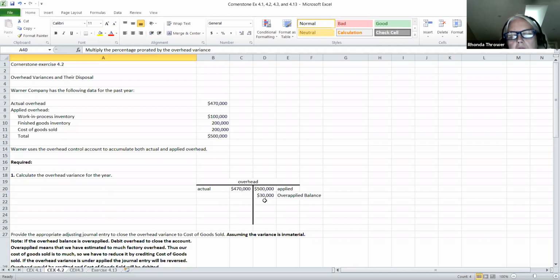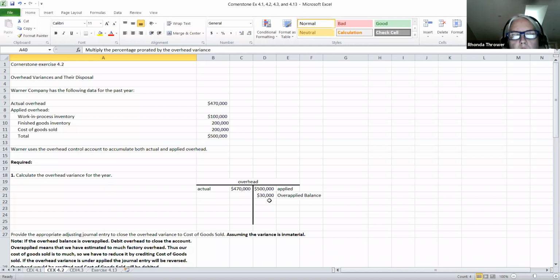So we were left with a temporary credit balance in this expense account. And we call this temporary credit balance an over-applied balance. So in other words, we have over-applied overhead at the end of the period.